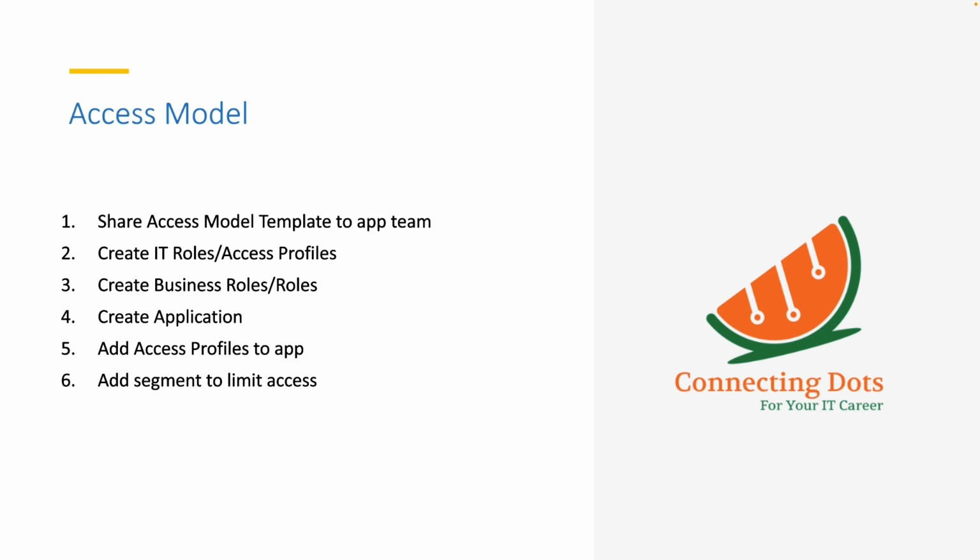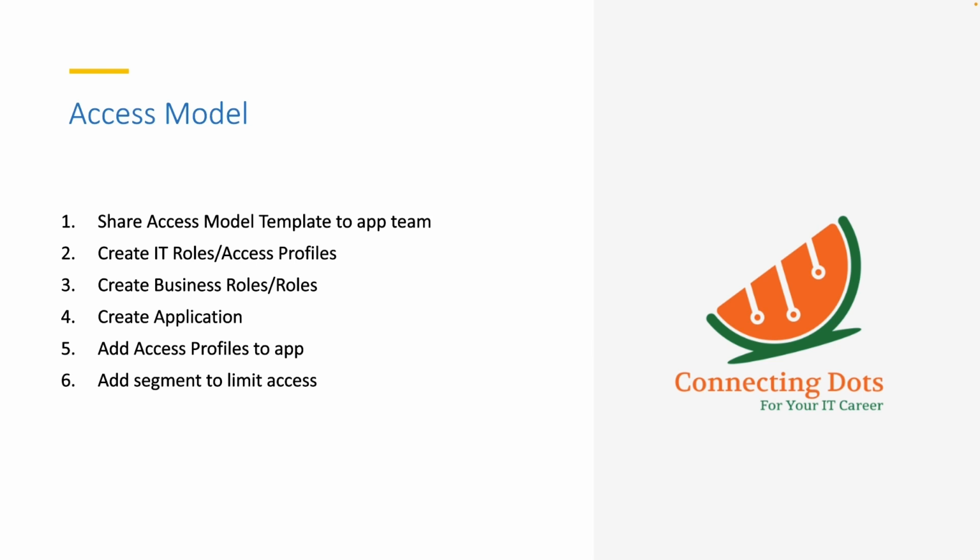There are some differences between SailPoint Identity IQ and Identity Now when you are building this access model, but the core concepts are the same. What we call an IT role in Identity IQ, we call an access profile here. What you call a business role in Identity IQ, in Identity Now we call a role.